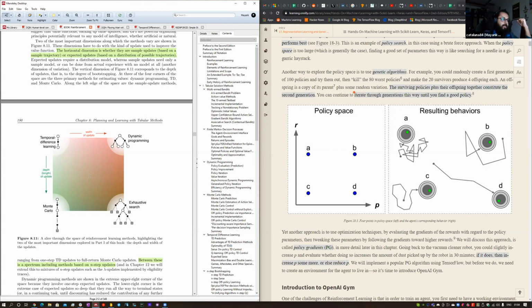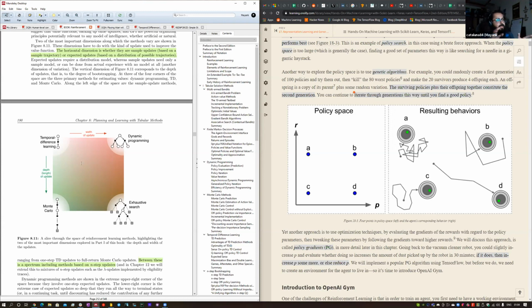This comes into the picture if we start from the top left here, the temporal difference learning. That's the simple one step into the future that the policy will look at. Then as we increase the depth of the update, we have a Monte Carlo solution here.